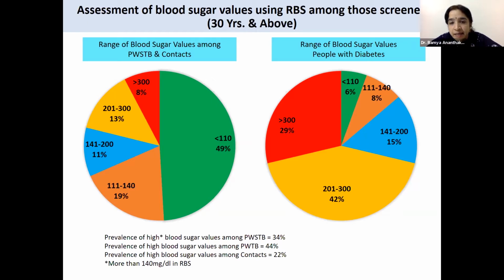And the chart on the right side actually shows what is the status among those with known diabetes. And that was really very shocking because close to 85% of all with known diabetes actually had a blood sugar level of more than 200 plus. So this was really a very, very shocking result that we observed. Next slide, please.